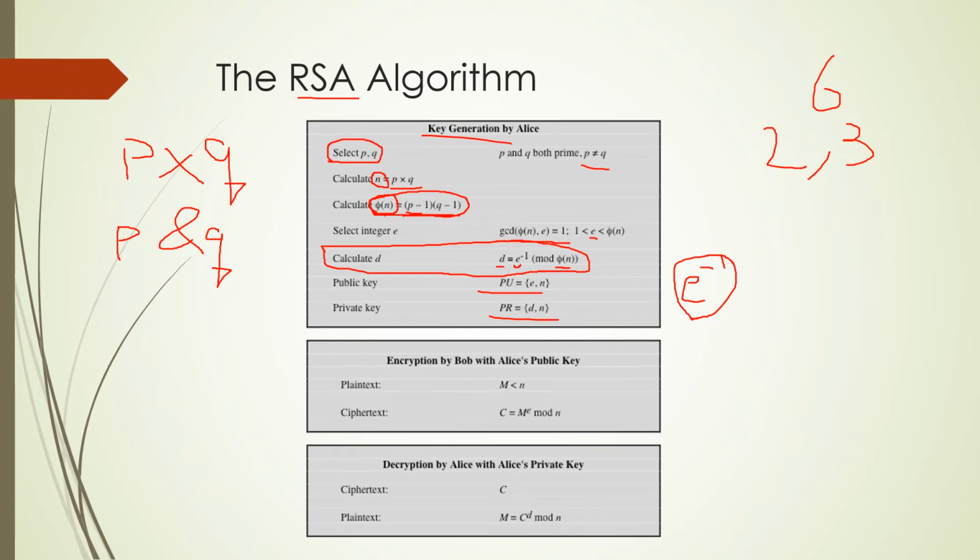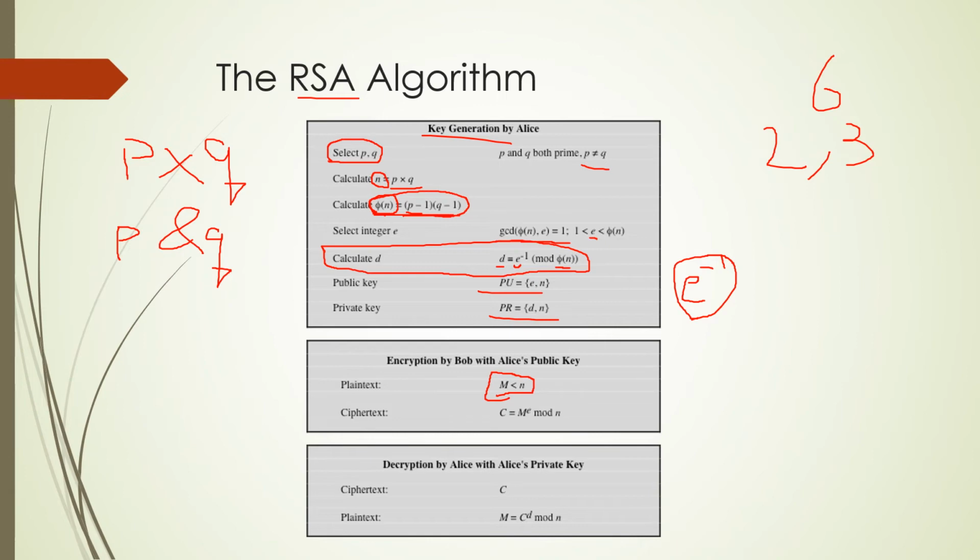Now, imagine keys are generated, the public key of Alice and private key of Alice. Bob wants to encrypt a message so that only Alice can see it. What does Bob do? Bob basically breaks the message into smaller pieces so that each piece or each block of the plain text is less than n.